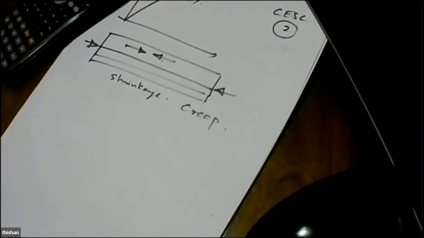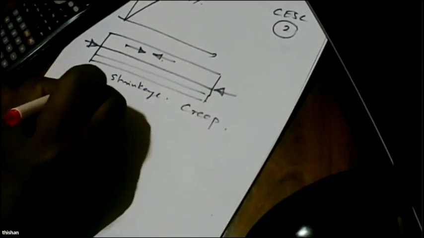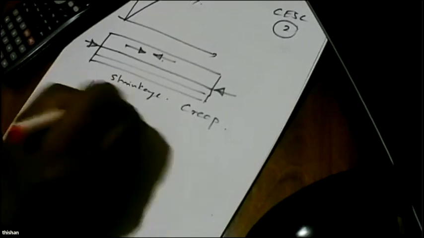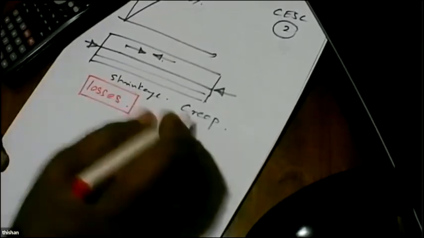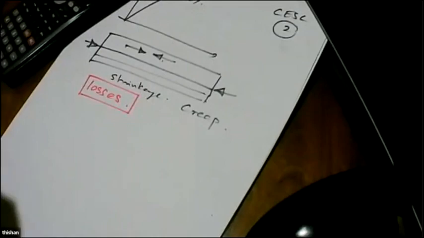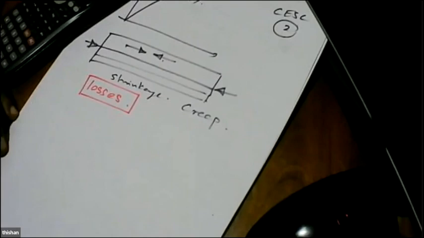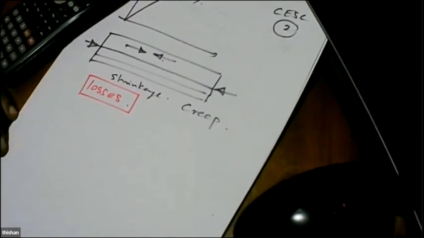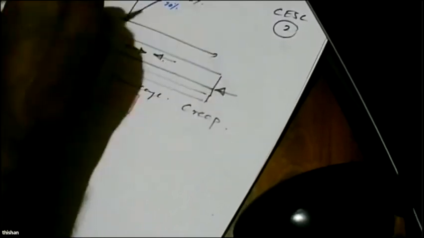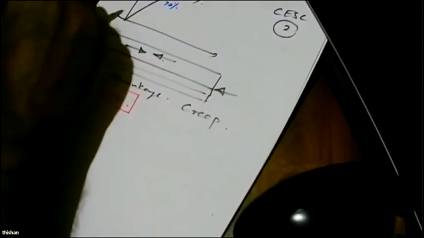So because of this, we get losses. We get losses because when the concrete shortens, we lose the pre-stress. So finally you find another 30% of this will be lost. So 70% of 1302 is something like 911 megapascal.